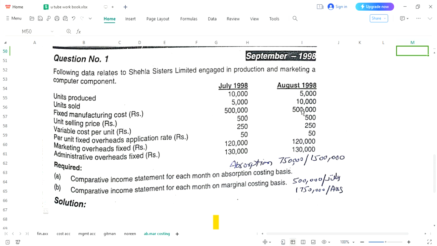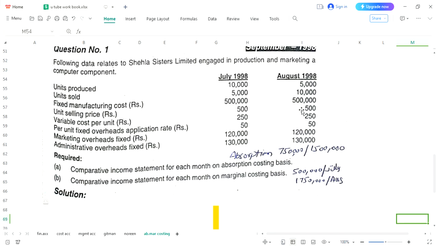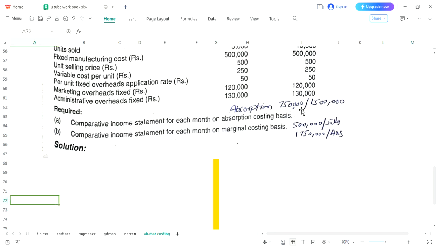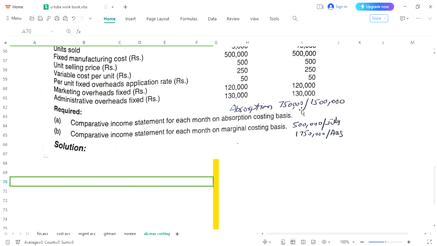This way we will complete our four parts. And now let's start from absorption costing. We will try to do absorption costing for the first and second month first. Let's see if we can complete it in our given time.